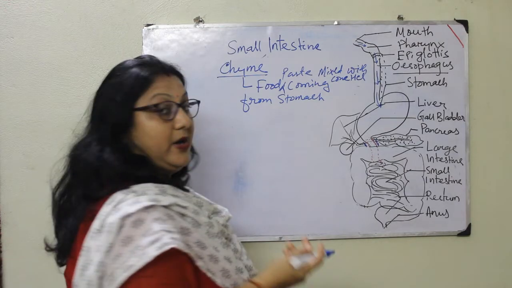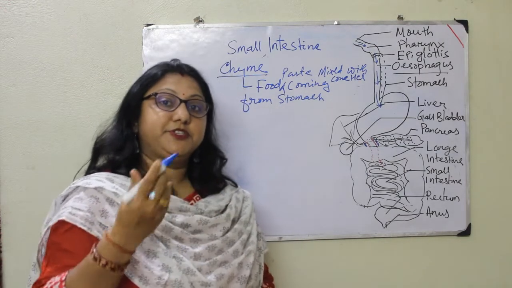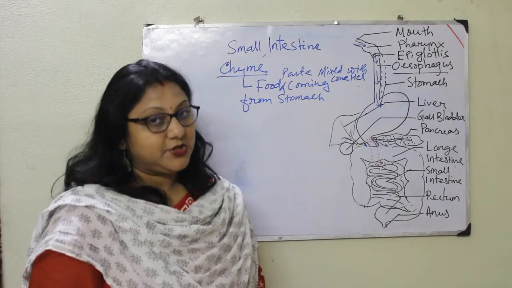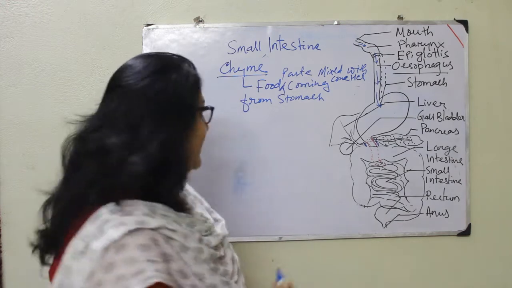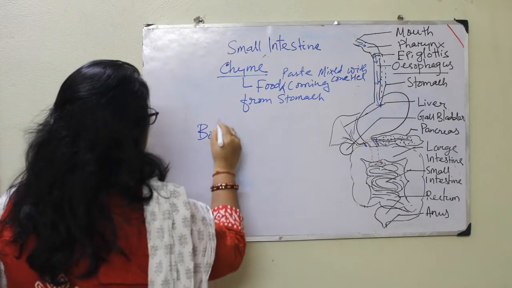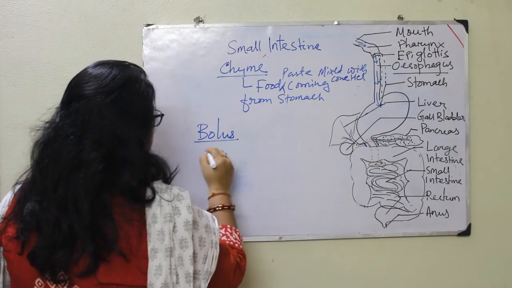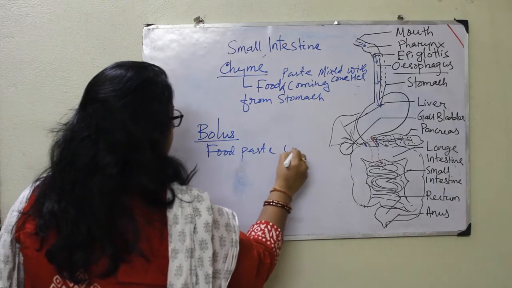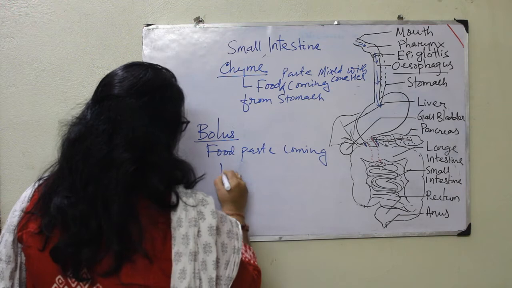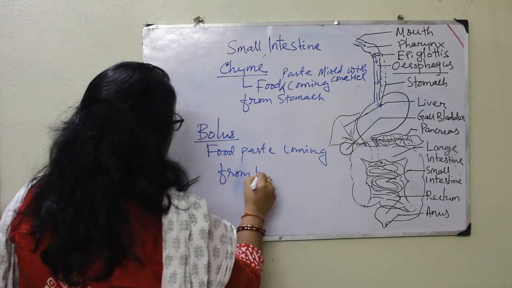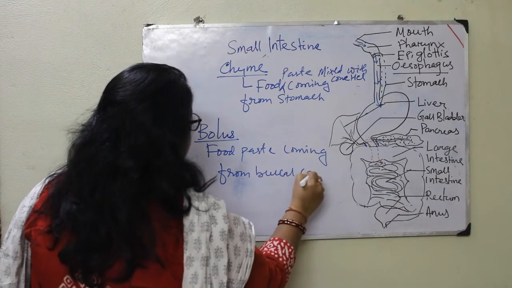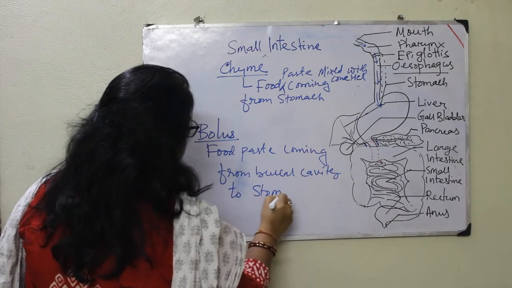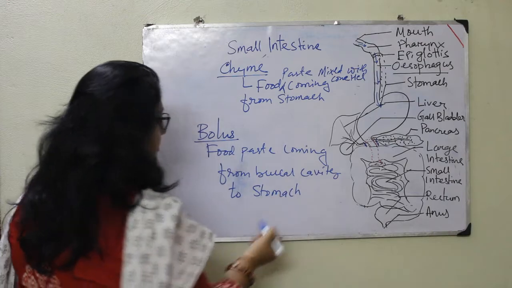Now one more thing: the food which is going from the esophagus to the stomach is called bolus, right? Bolus is the food paste coming from the buccal cavity to the stomach.